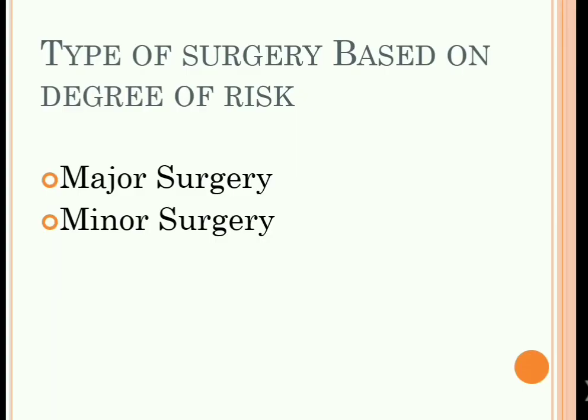Example of this is the removal of an abnormal or malignant organ such as your gastrectomy and nephrectomy. While your minor surgery, there is little risk with fewer complications. So, example of this is your breast biopsy, removal of tonsils, and polypectomy on your nose.